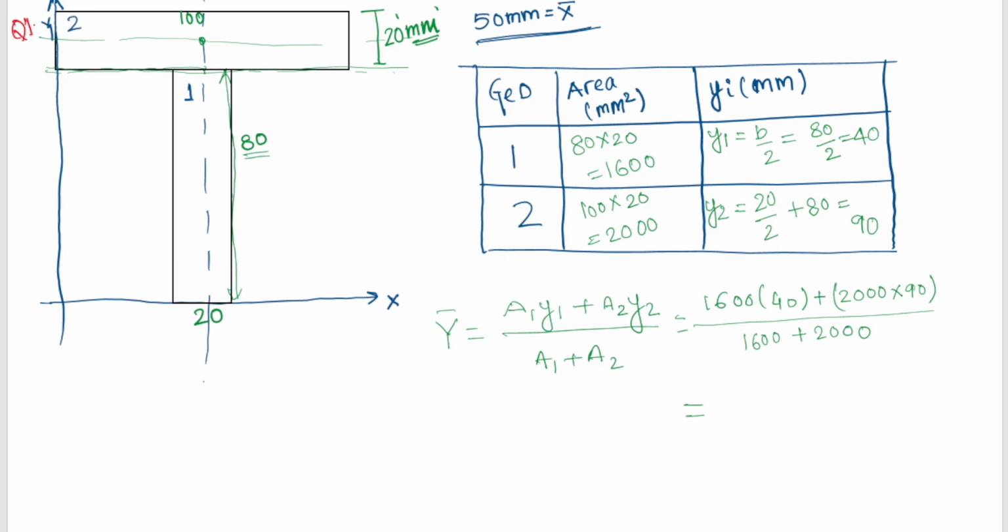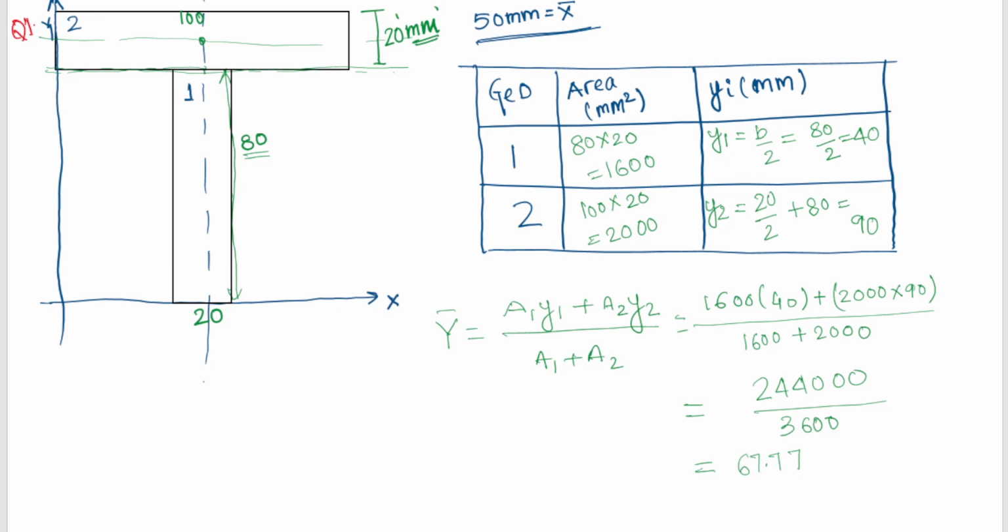So it is 1600 into 40 plus 2000 into 90. The numerator value is 244000, divided by 2000 plus 1600, which is 3600, and this value will come out to be 67.77.